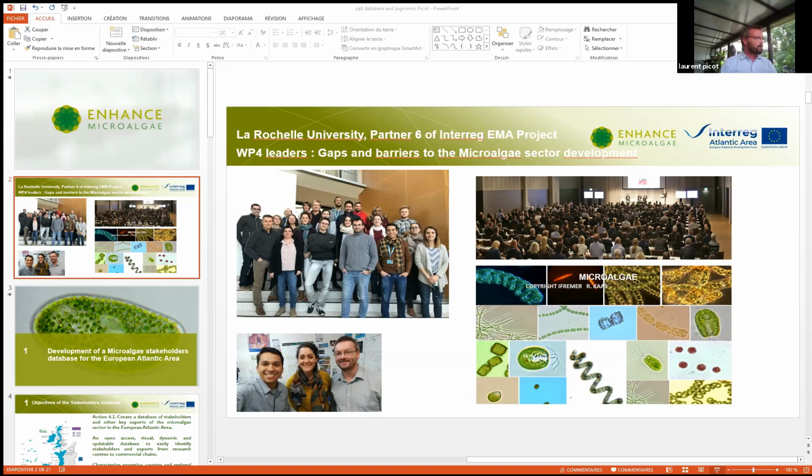Using this database, we can characterize expertise, country and regional distribution of microalgae stakeholders to perform an analytical review of the sector. And also we can use this database to identify gaps and potential for research, development, cooperation, and opportunity.